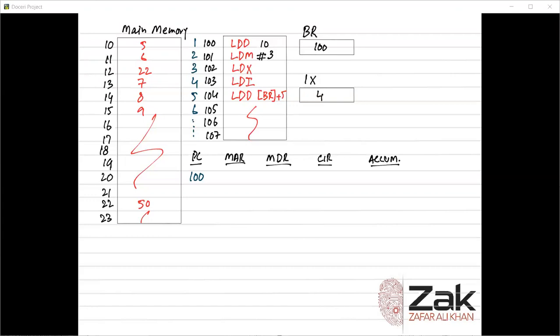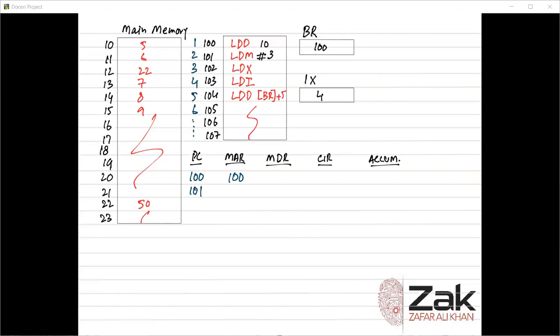This is very important. Okay, so as soon as this particular program loads, the address of the first instruction, which is 100, is loaded into PC. From here, the fetch, decode, execute cycle starts. From PC, this address goes to MAR, and then PC increases itself by 1.